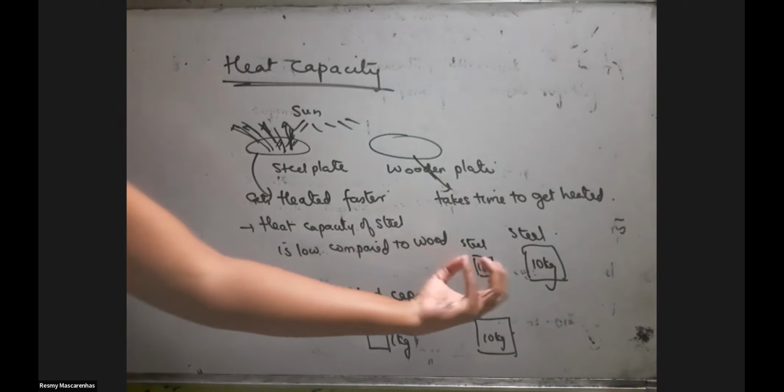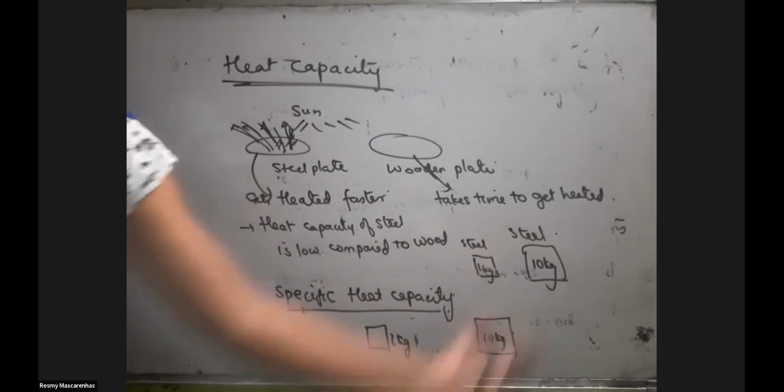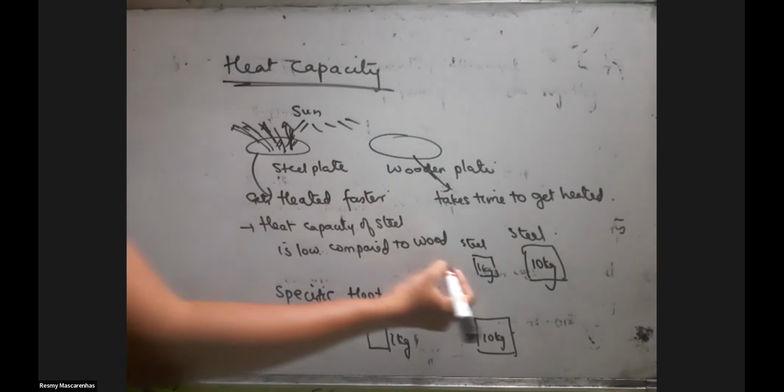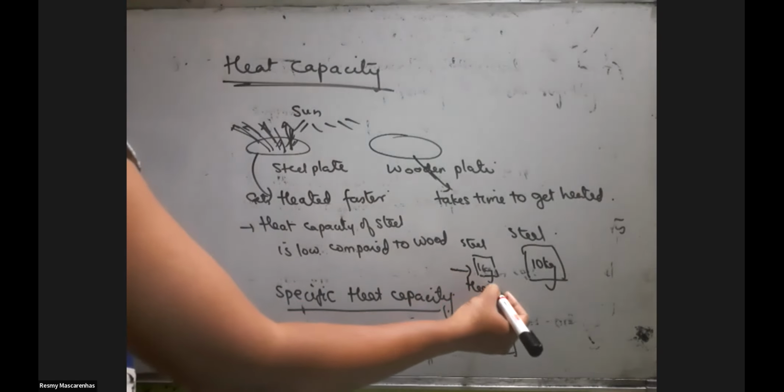You keep a 1 kg block of steel and a 10 kg block of steel in the sun. So obviously you know that the 1 kg block will get heated faster.